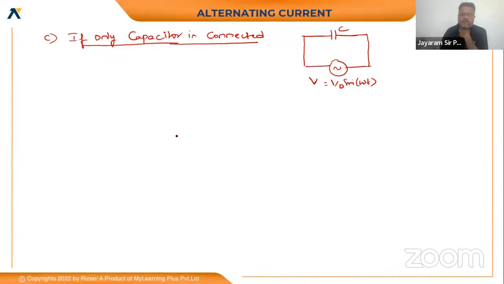So now what will happen in this case? As we have given V is equal to V naught sine of omega t, the potential drop across the capacitor can be written as Q by C is equal to V naught into sine of omega t.